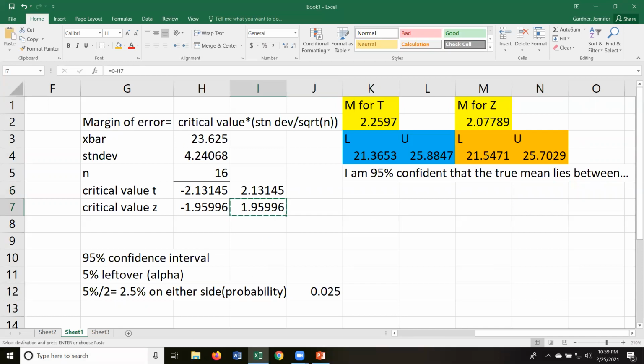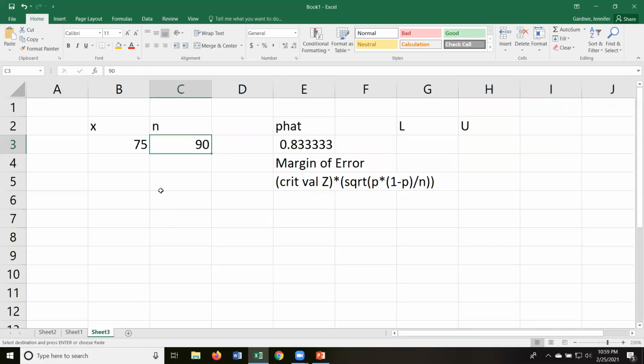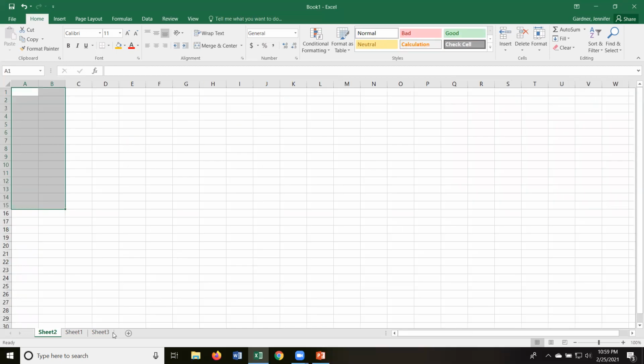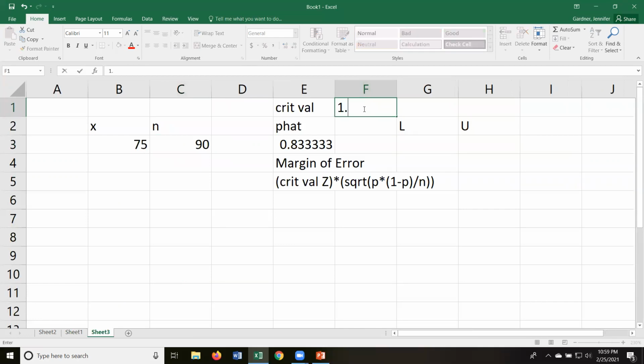So let's just copy it over. I want to remind you, you can pause at any time. I'm going to go 1.96. I'm going to round it, okay?